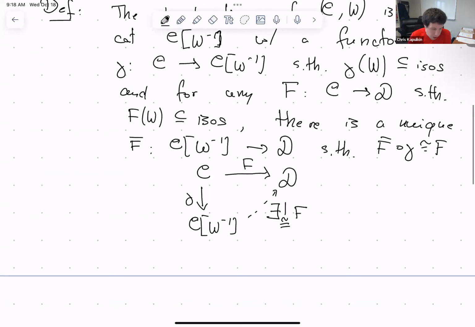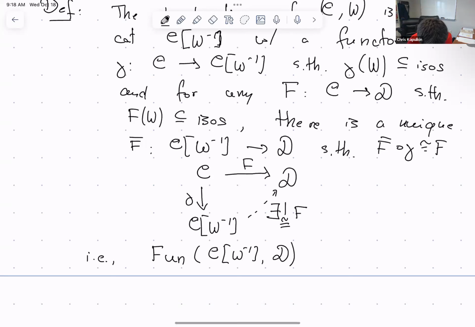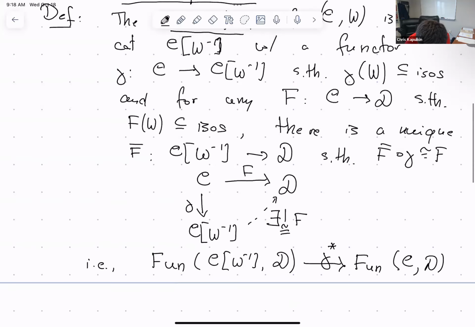Okay, and one other way of saying it is that, if I take functors from C W inverse to D, I can of course precompose with gamma to get a functor from C to D. Okay, and now among these I can pick a subclass.